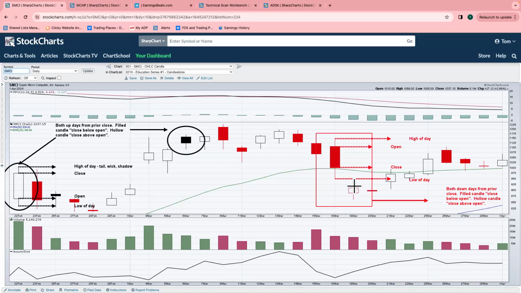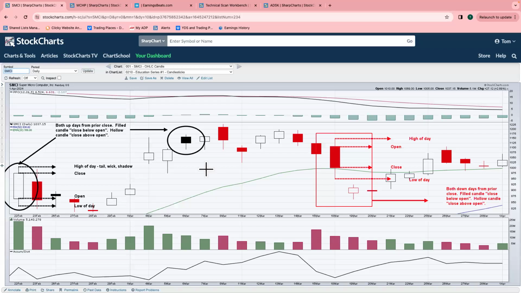But anytime you see that the outside is red or red bordered, that's telling you that you were down for the day versus the prior day's close. So anytime you see red, whether it's hollow red or filled red, you have closed below the prior day's close.